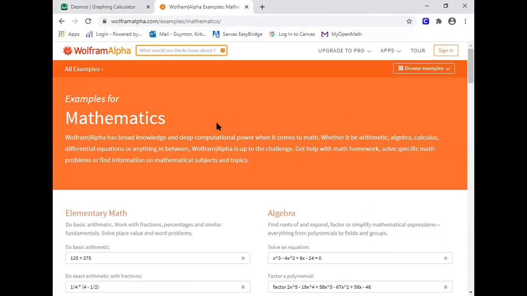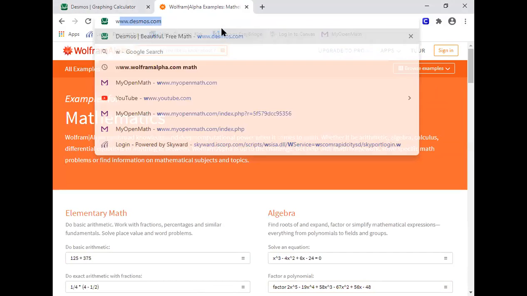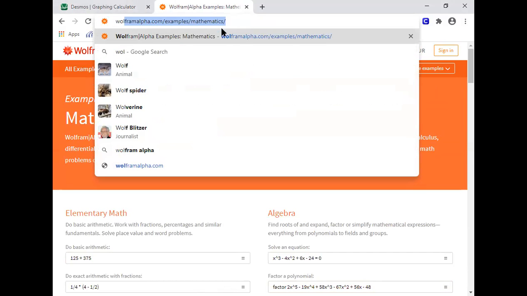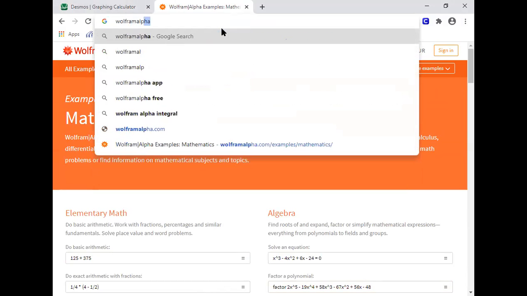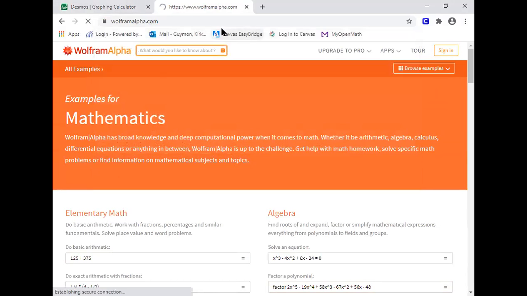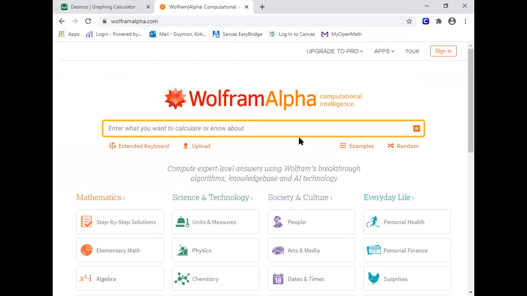So if you look up Wolfram, W-O-L-F-R-A-M, Alpha, A-L-P-H-A.com, you can go to the site. It seems like usually when I use it, it looks different than this. WolframAlpha.com. There we go. That's what I'm used to seeing.